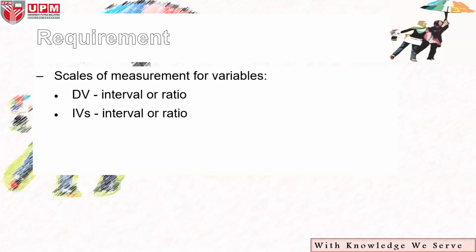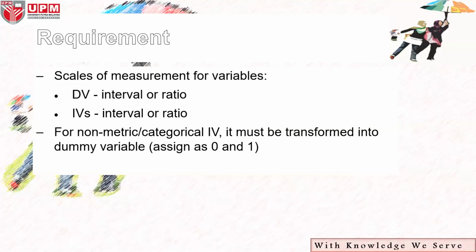The requirement to run multiple linear regression is that the scale of measurement for our DV must be interval or ratio. Same goes to our IVs. They must be interval or ratio only, not categorical, either nominal or ordinal.